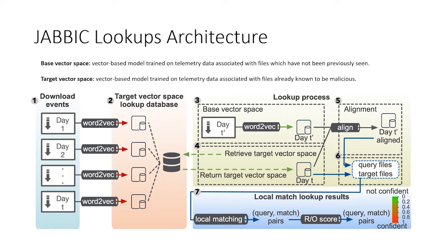At step 7, for each query file in the base vector space, we find its most representative match file in the target vector space from a previous time frame, and then assess the confidence with which these files are matched using the RO score. After lookups are completed, the current base vector space can then be added to the lookup database, which can then be queried when local matches are searched for queries downloaded the next day.